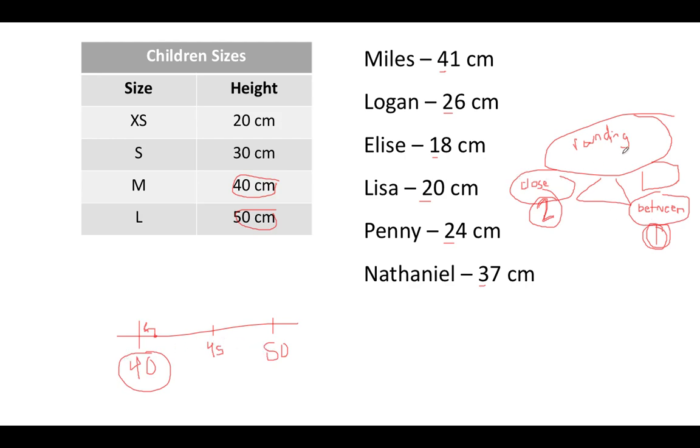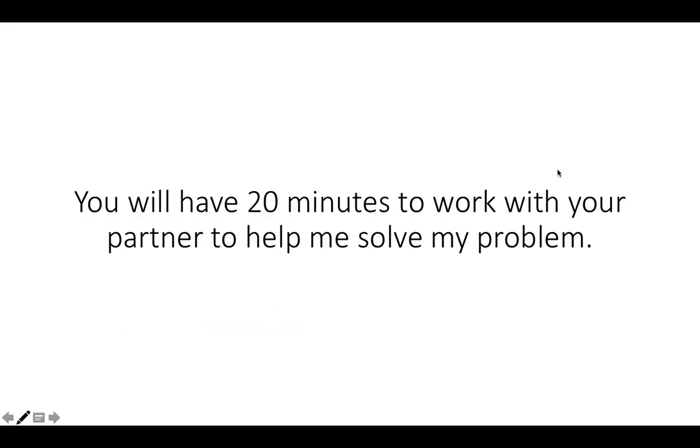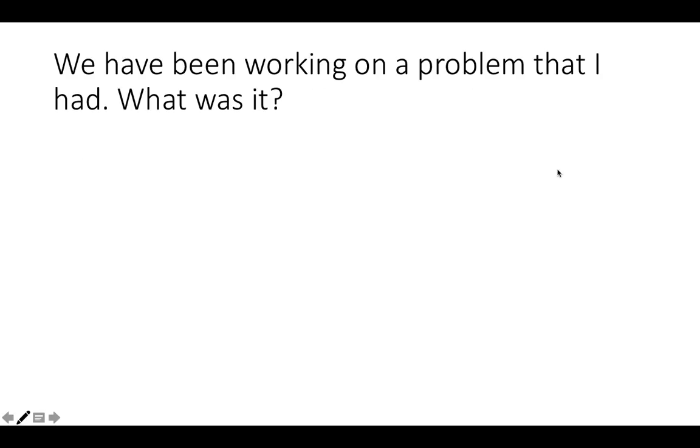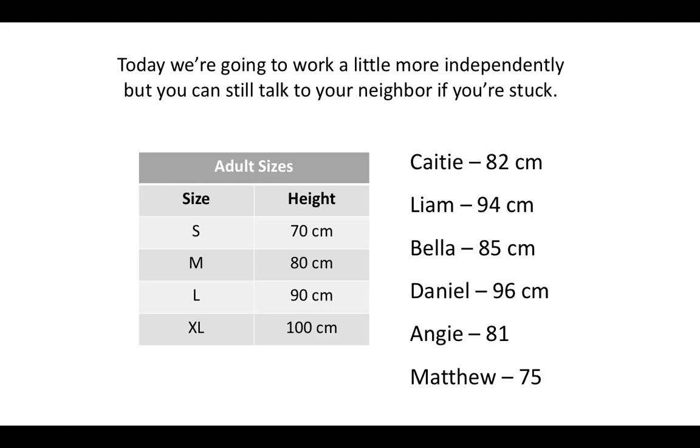Then thinking about close. And when you get to rounding, you could be thinking about a rule. You could start to say, okay, we know 41 is between 40 and 50. Now what's this closer to? Now I mention this because I'm hoping on the first week you can have this conversation about between and close so that when you do it again the following week, okay, now I have some adult sizes.